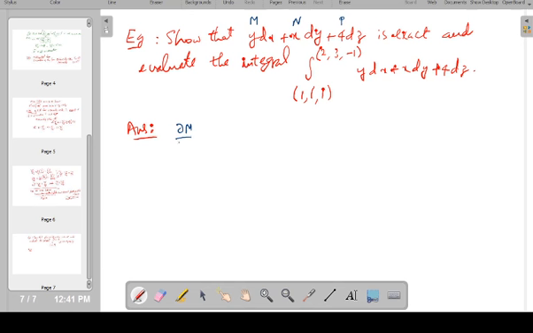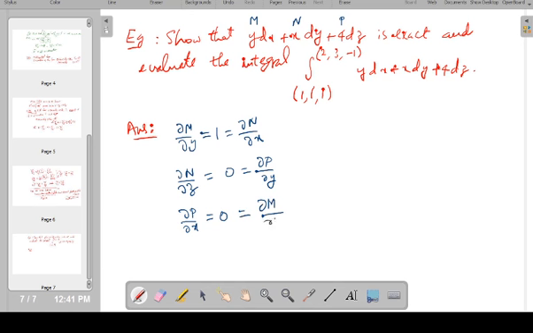So ∂M/∂y is 1, and ∂N/∂x is also 1. ∂N/∂z is 0, and ∂P/∂y is also 0. ∂P/∂x is 0, and ∂M/∂z is also equal to 0.